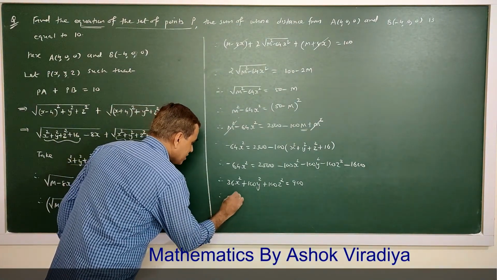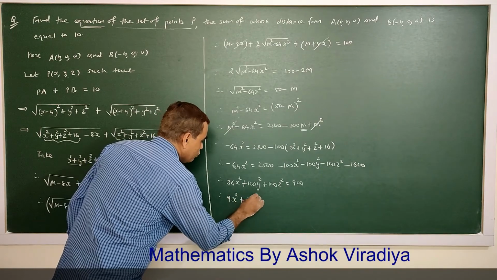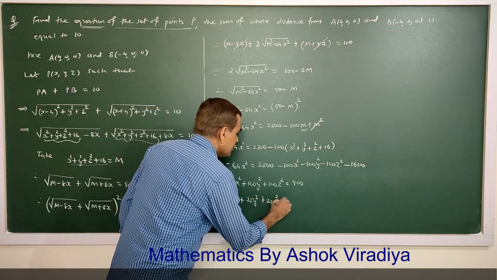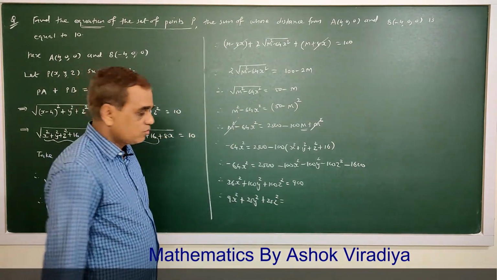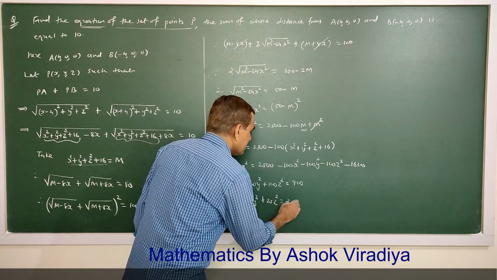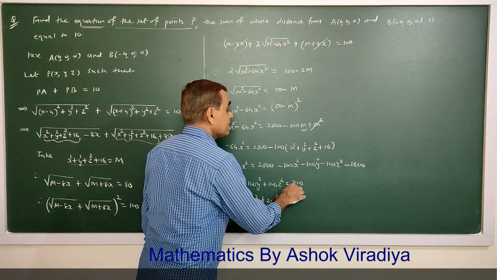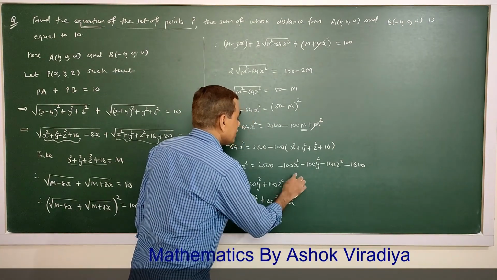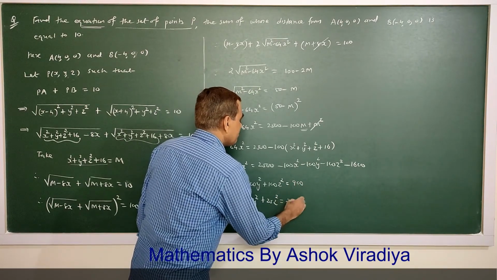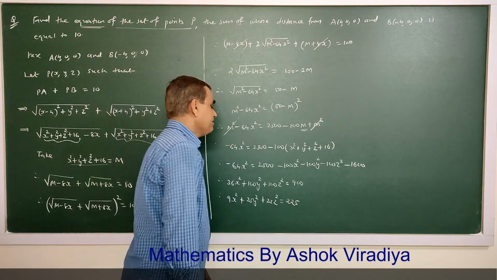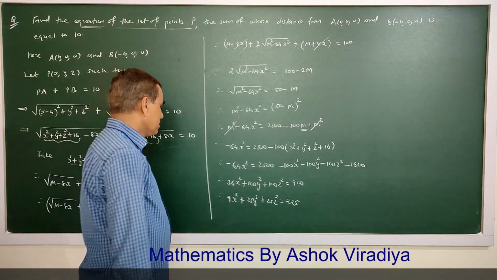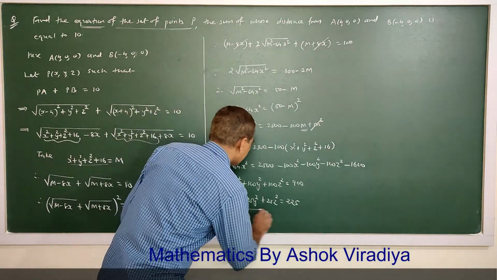So 9x square, 25y square, 25z square equal to 225, 225 into 4 is 900. So this is the required equation.